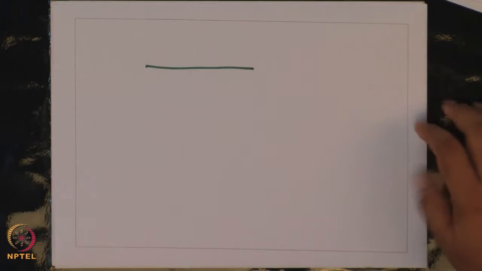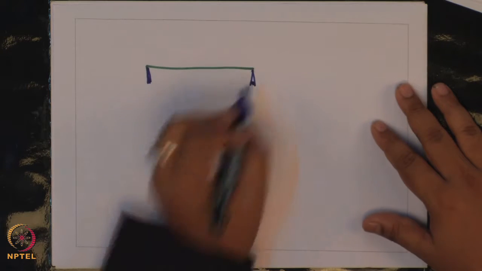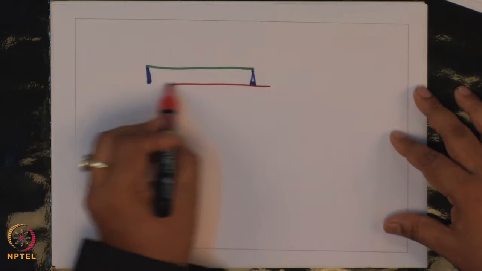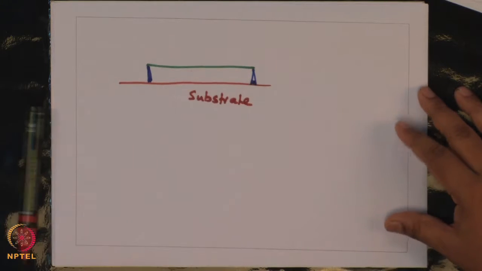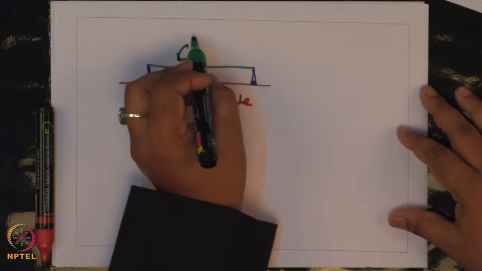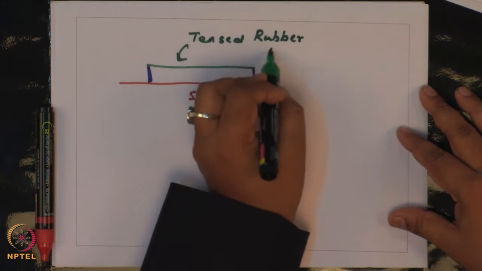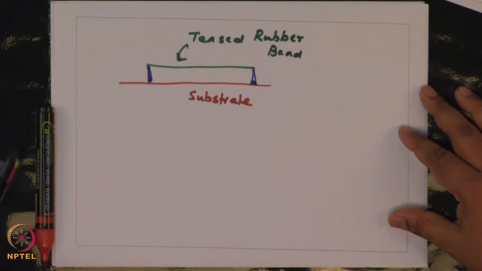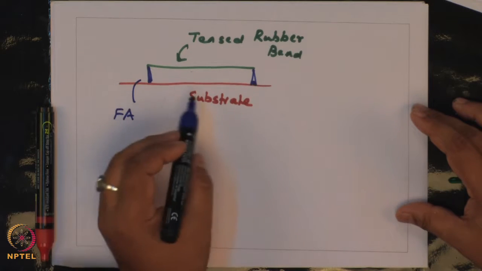Okay. So, here again, if I were to go back to my analogy of the cell as a tensed rope or tensed rubber band, imagine a simplified picture where this is my substrate, this is my theoretical cell, which is like a tensed rubber band, and these blue ones represent my focal adhesions. Okay.